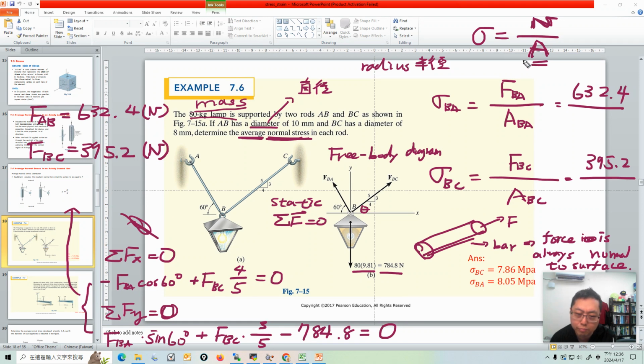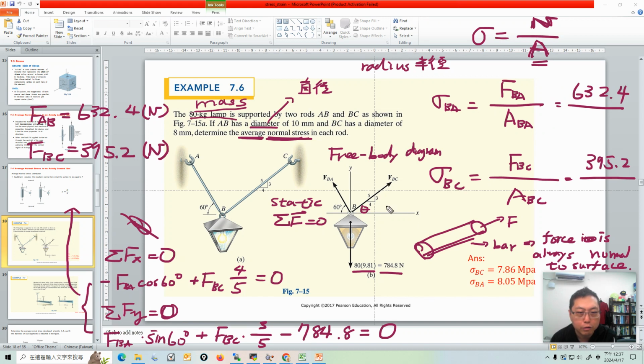I think I misused some terminology, never mind: the force is always normal to the surface.